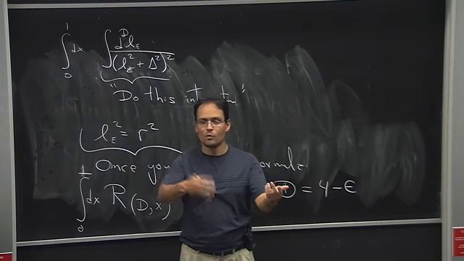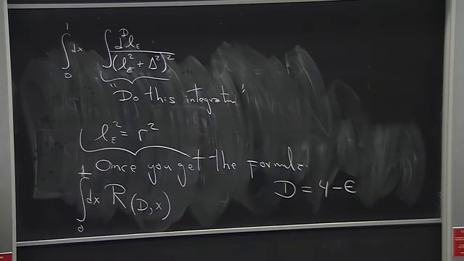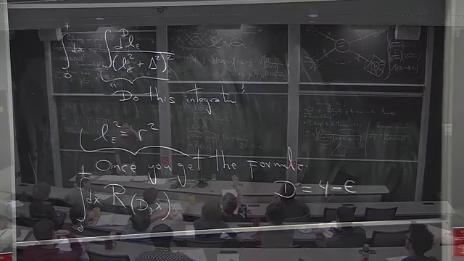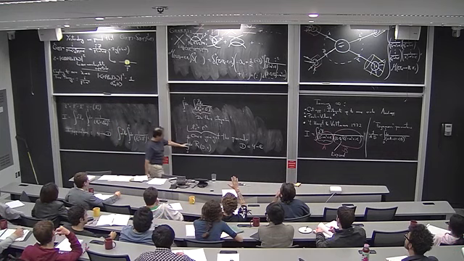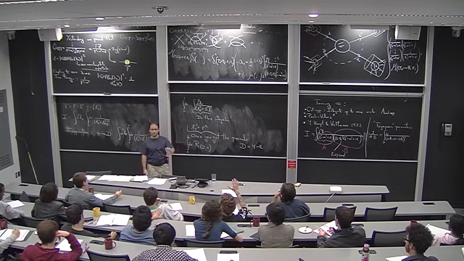But if we go lower in dimensions, then hopefully the integral converges and makes sense. What's the need for having a 4 minus epsilon? Because now our formula depends on d. Will it still diverge if you just put 4 in there? Yes, sadly, yes. If you just put d equal to 4, you get infinity.